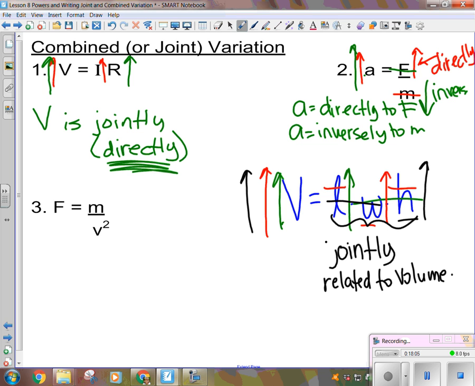This is how I would describe 3, and I don't need you to write this down because I'm going to go to the homework. F is directly related to M and inversely related to V squared. Make sure you say V squared because you have to understand there could be a power.